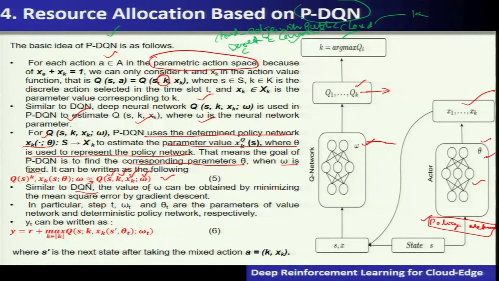Now similar to DQN, the values of omega: how are these omega values going to be fixed? The value of omega can be determined by minimizing the mean squared error by gradient descent. So this network will learn the best values of omega by computing the error and then minimizing the mean squared error with the help of an algorithm called the gradient descent algorithm.